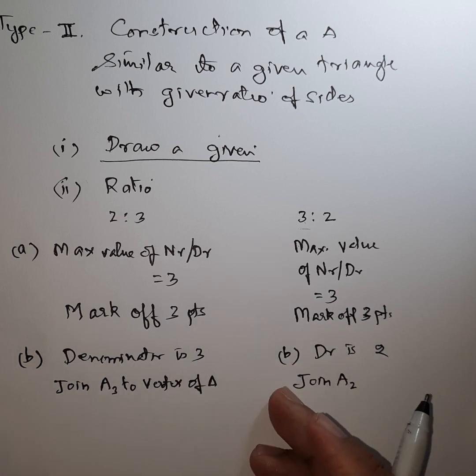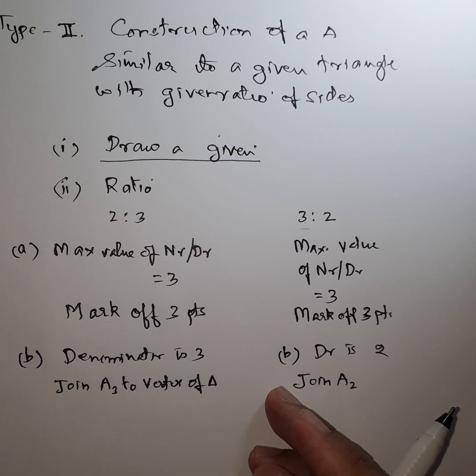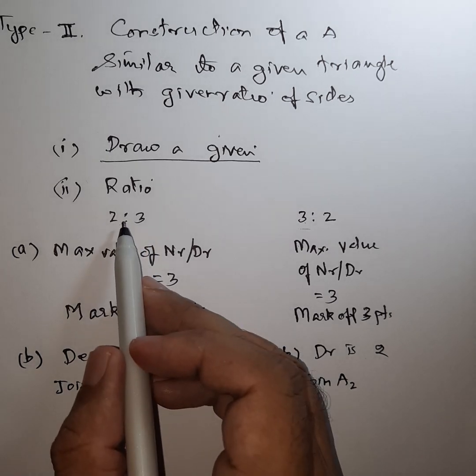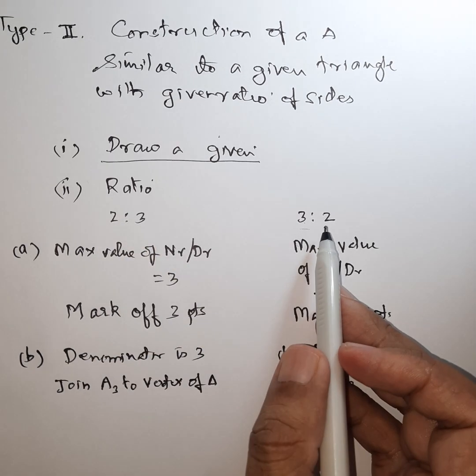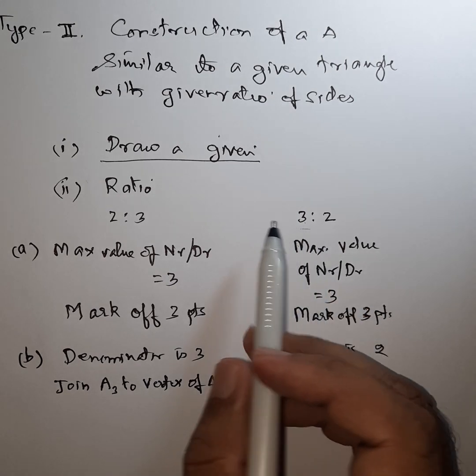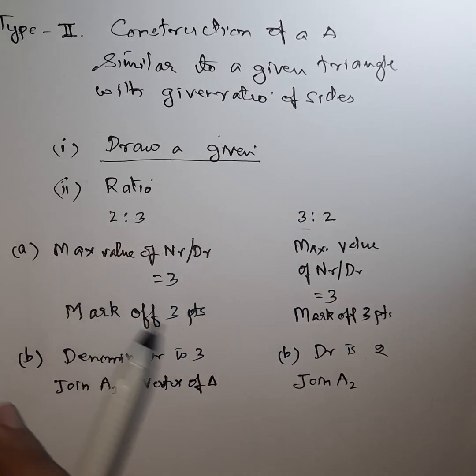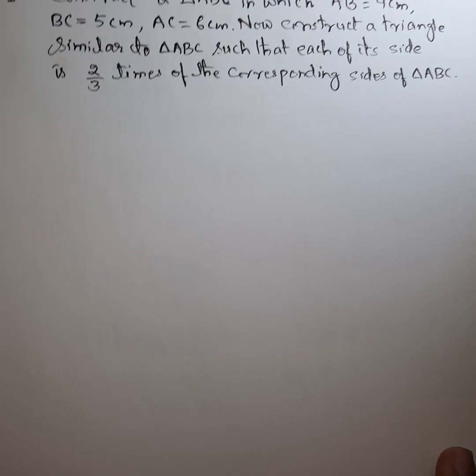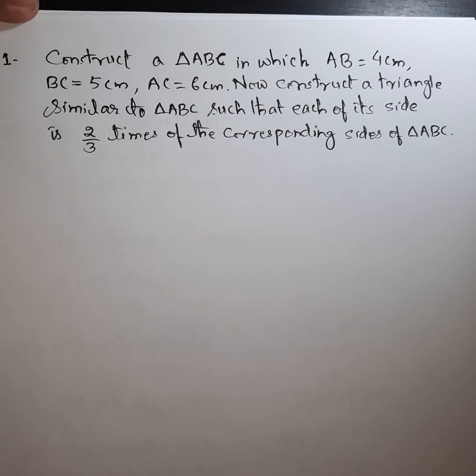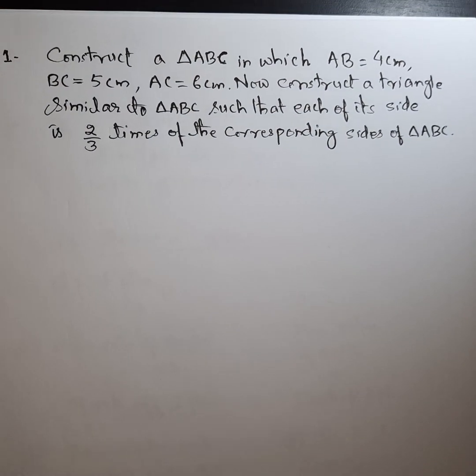These two things if you will remember, then you can easily do the question, because there is a difference between drawing 2:3 and 3:2. So first we will take the first example, 2:3. So our question is, construct a triangle in which AB, BC and AC.